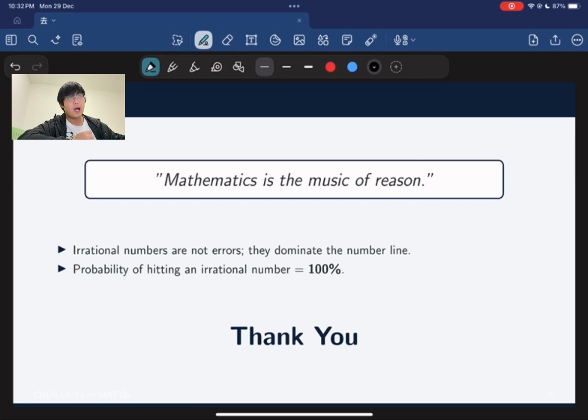Finally, how common are these numbers? Georg Cantor's discovery was shocking. He proved there are infinitely more irrational numbers than rational ones. In fact, if you pick a random point on the number line, the probability of hitting a rational number is effectively 0.